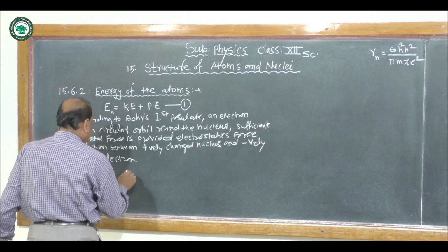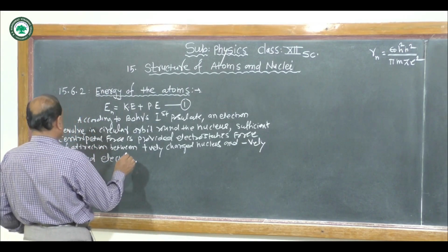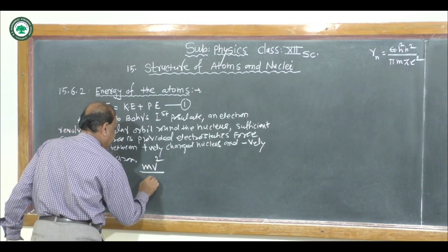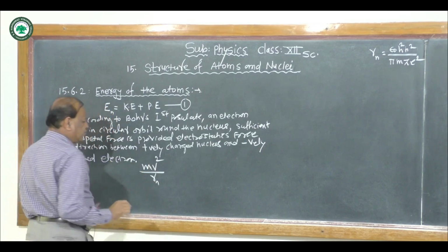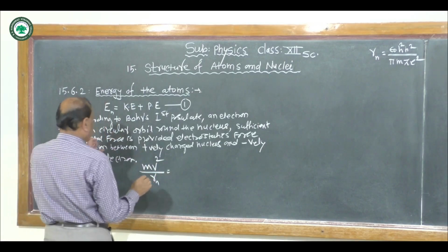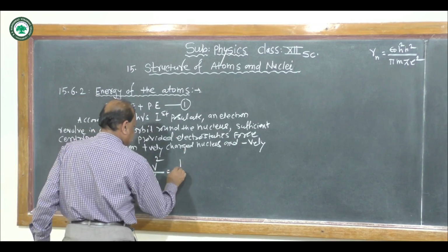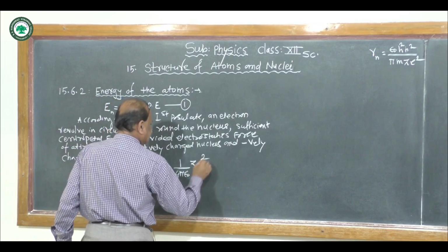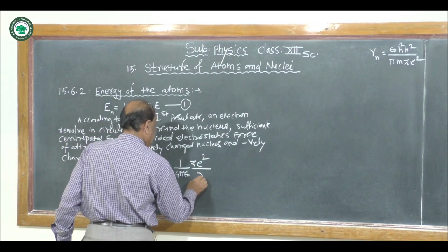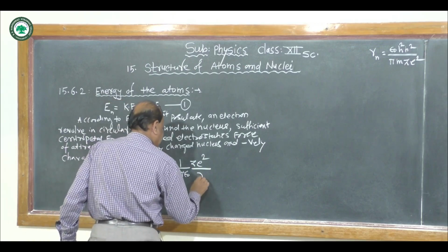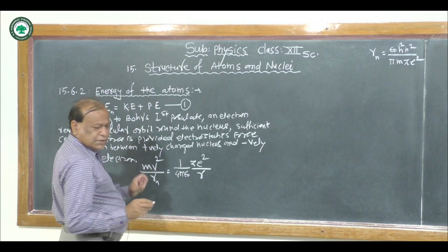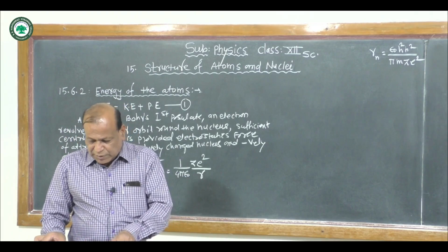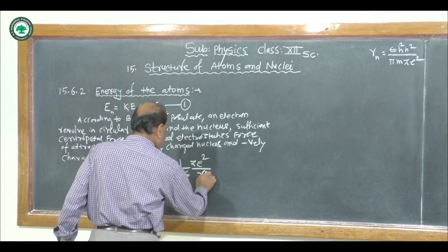Mathematically, we write that the centripetal force, m v square divided by Rn, the radius of the nth orbit, is equal to the electrostatic force, 1 upon 4 pi epsilon 0, Z e square divided by R square.